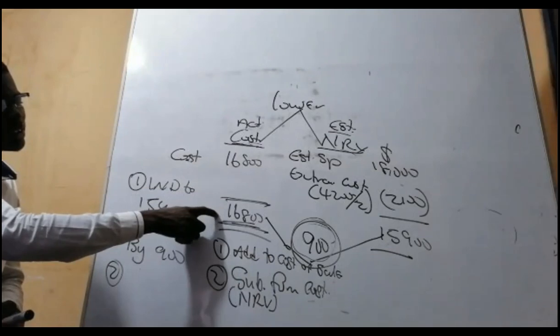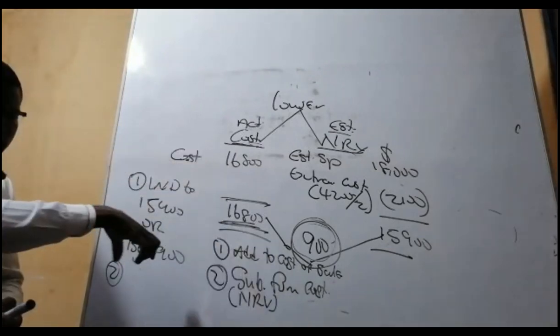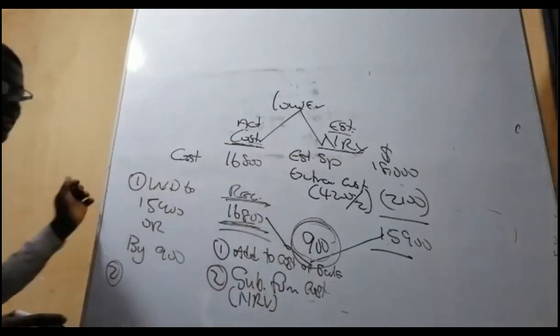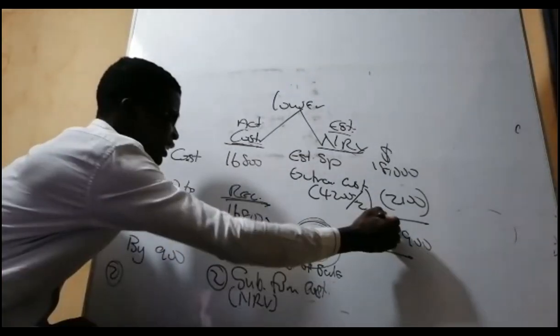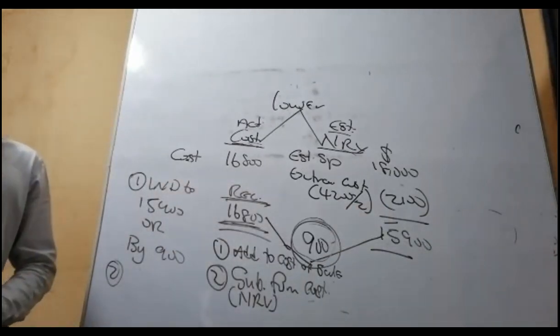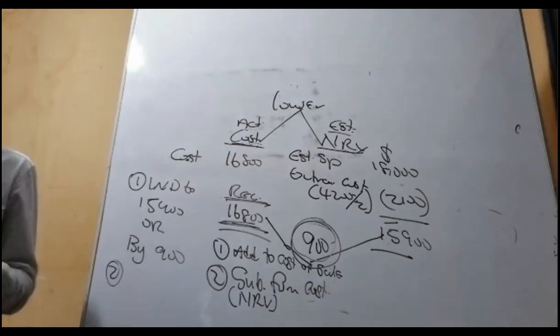Most often this cost has been recorded because it is the actual. The NRV is an estimate, so it's not in the books. So if what they have recorded is the right one, you do nothing and continue with it.